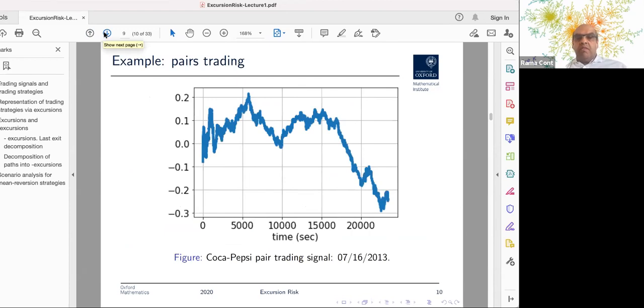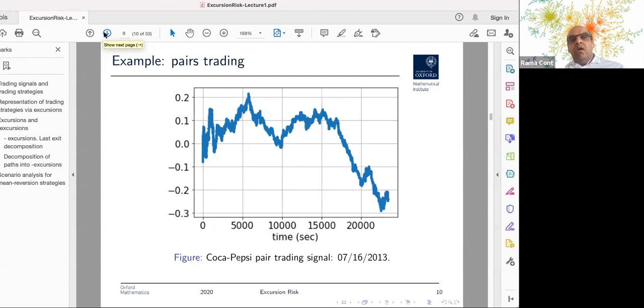Here's a typical example. You take two stocks in the same sector, Coca-Cola and Pepsi-Cola. Anybody will guess that they have to be related, unless there's something funny going on. They will be affected by the same economic factors, so people expect that Coca and Pepsi will not go away from each other a lot.